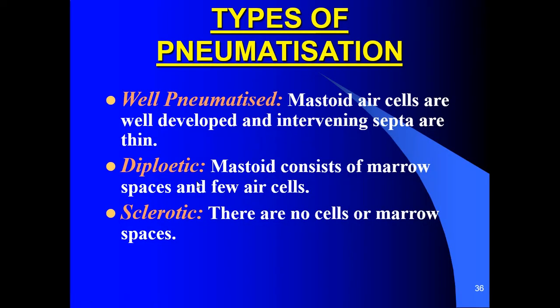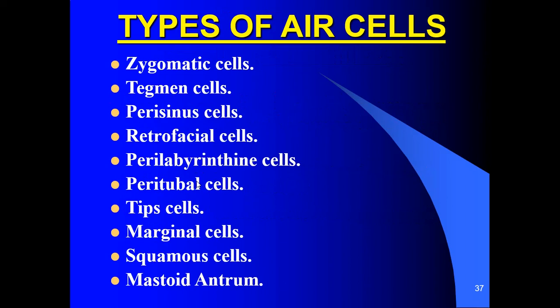Well, the mastoid air cell system or mastoid bone can be well pneumatized. That is, mastoid air cells are well developed and intervening septa are thin. It can be diploetic. The mastoid consists of marrow spaces and few air cells. In case of sclerotic mastoid bone, there are no cells or marrow spaces.